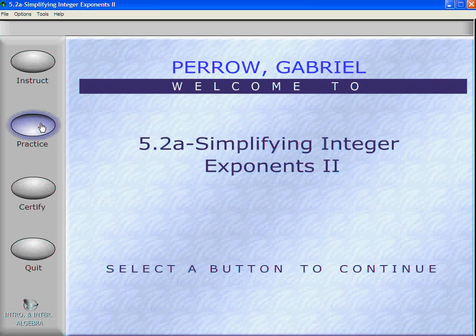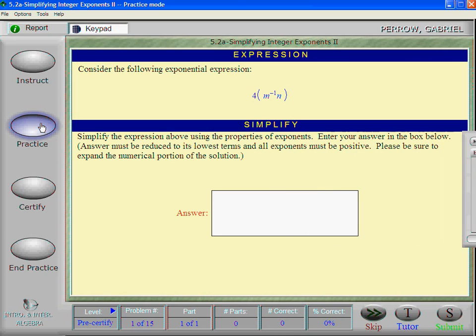In this section, what you're going to see are some problems that are a little bit more complex. And this one here actually is kind of like the previous section. But you're going to see some additional problems in the next examples, where you have things multiplied that are raised to powers, and then there'll be parentheses, and then they'll be raised to another power on the outside.